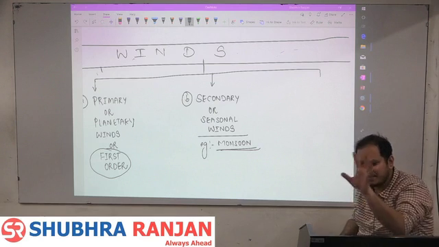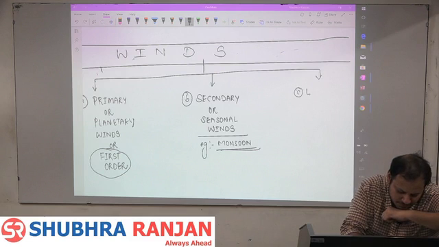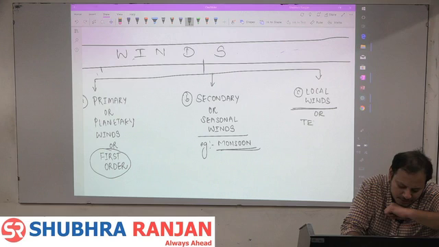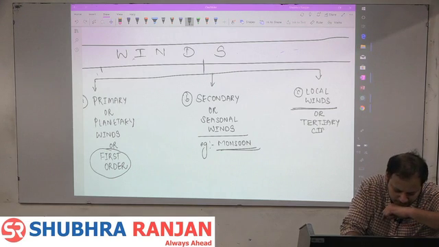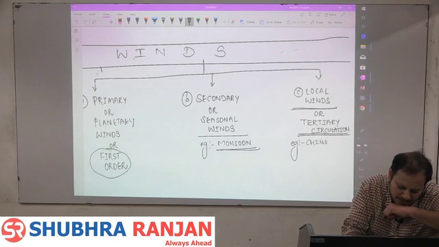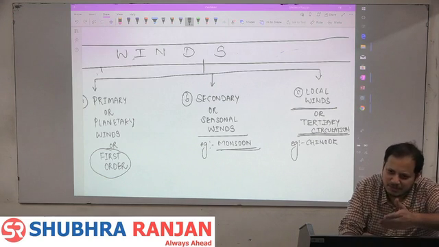It has nothing to do with the planetary winds, etc. They are known as local winds, or tertiary circulation. Example in this: there will be some winds, and tertiary circulation is most important for GS. In optional not as much, but whatever you study in GS, you can write from that too.